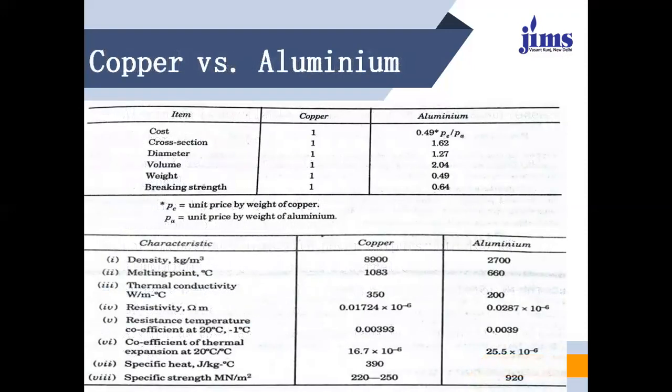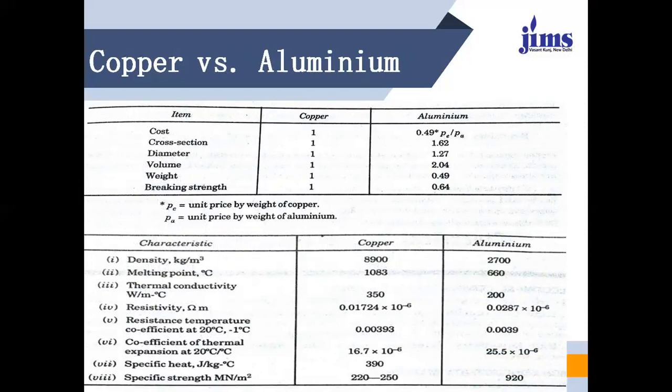Now the comparison between copper and aluminum, because both materials can be used for designing electrical machines. In terms of cost, if copper is 1 unit, then aluminum is 0.49. Cross-section: copper is 1, aluminum is 1.62.